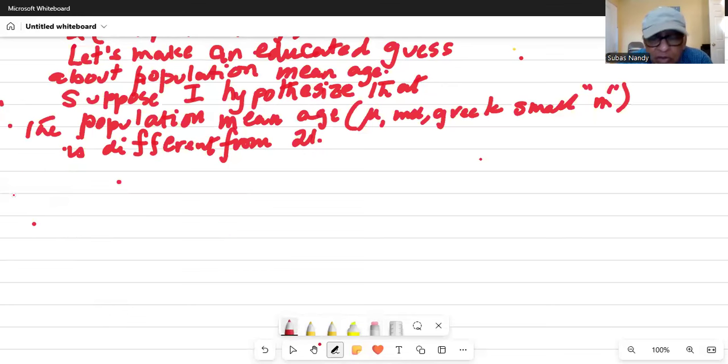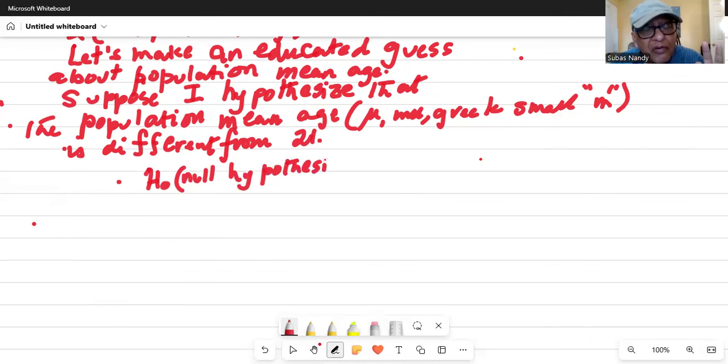Hypothesis statements always come in pairs. So my first, H0, null hypothesis is written as this with a colon, mu population mean age is equal to 21.